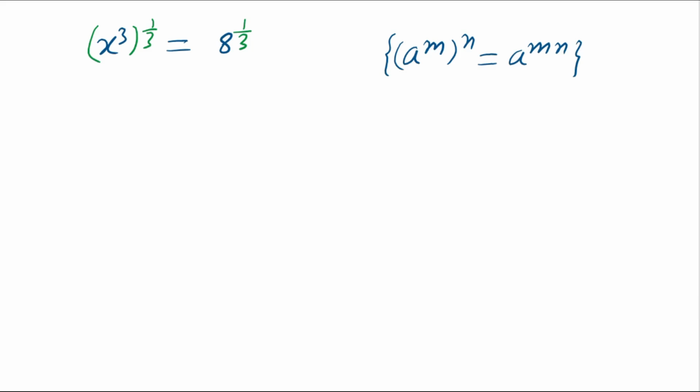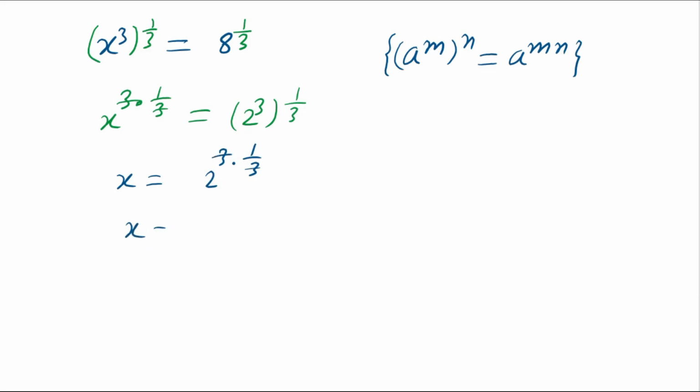If we apply this rule on the left hand side, then you can say x power 3 into 1 over 3, and this is equal to 8, which is (2 power 3) bracket power 1 over 3. Then this 3 and this 3 cancel out. On the left hand side x is equal to 2 power 3 into 1 over 3. Then this 3 and this 3 cancel out. Then x is equal to 2. Here the value of x is equal to 2.